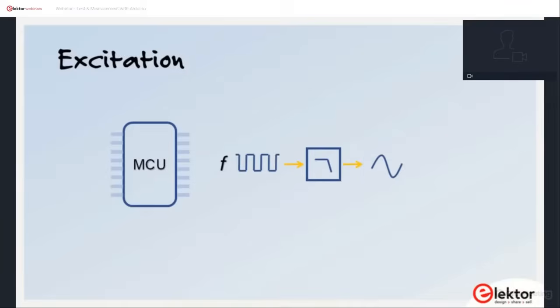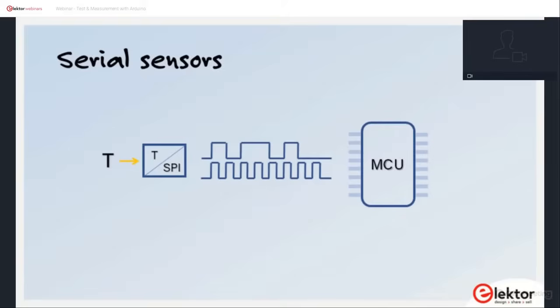Using its timers, a microcontroller can generate clock signals or square waves that can be turned into sine waves with a suitable filter. Sine waves are excellent for measuring and testing audio circuits. Microcontrollers are great at generating time-based signals. Finally, more and more sensors appear with built-in analog to digital converters.